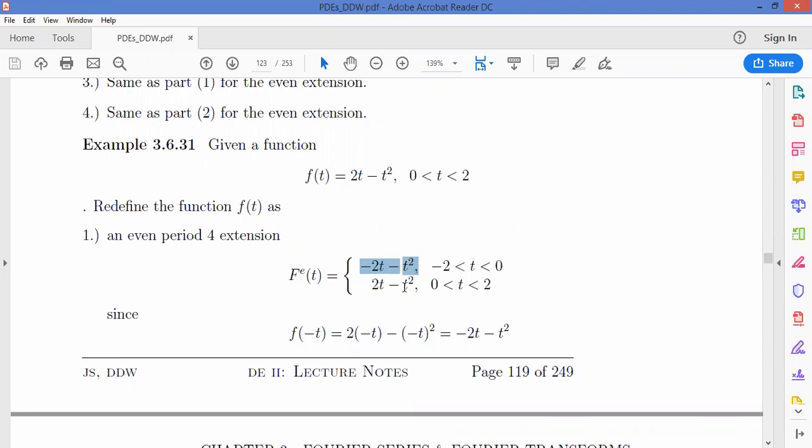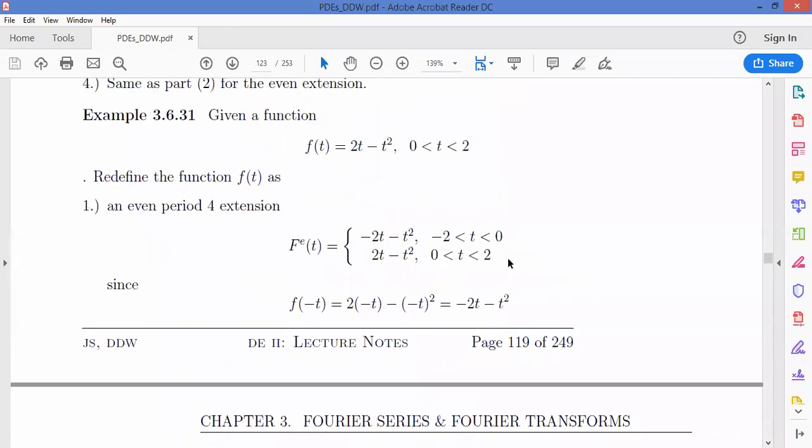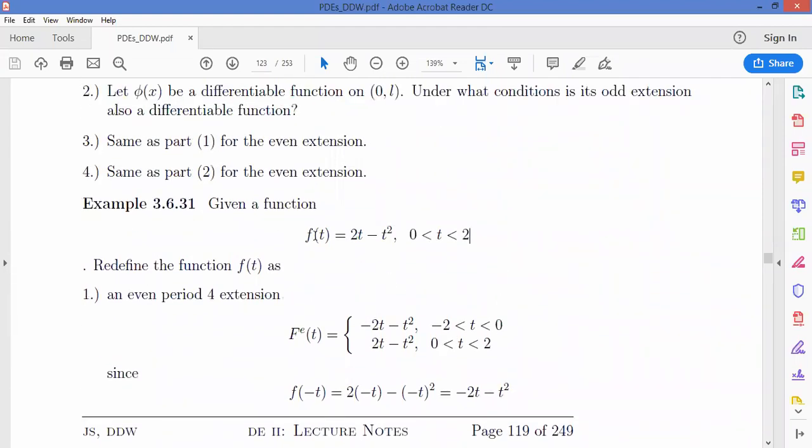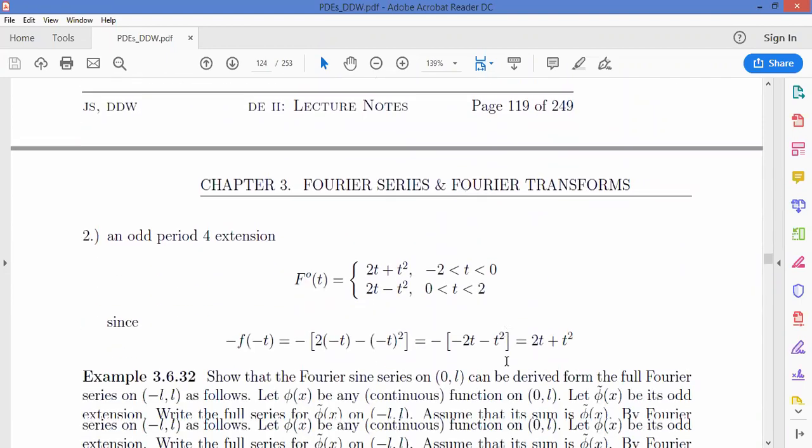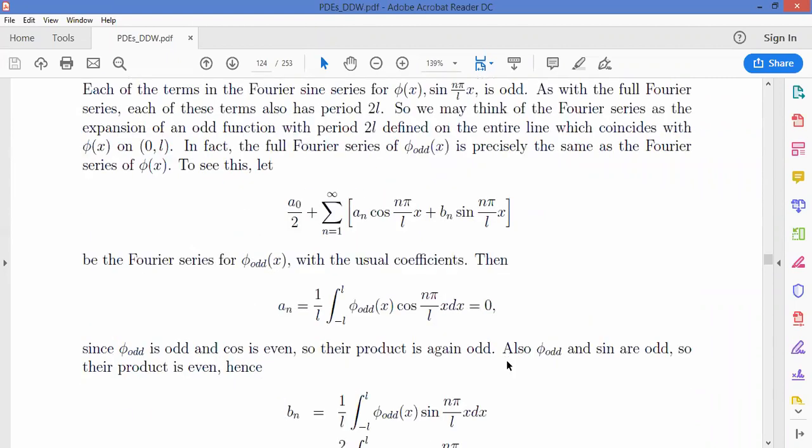If you sketch this from 0 to 2, you can throw in values of t, and you look at the sketch of this graph between -2 and 0. That's why we are saying, what if our f(t) takes on a negative? That is this step here. Then you will end up with -2t minus t squared. You go and do all of these ones.